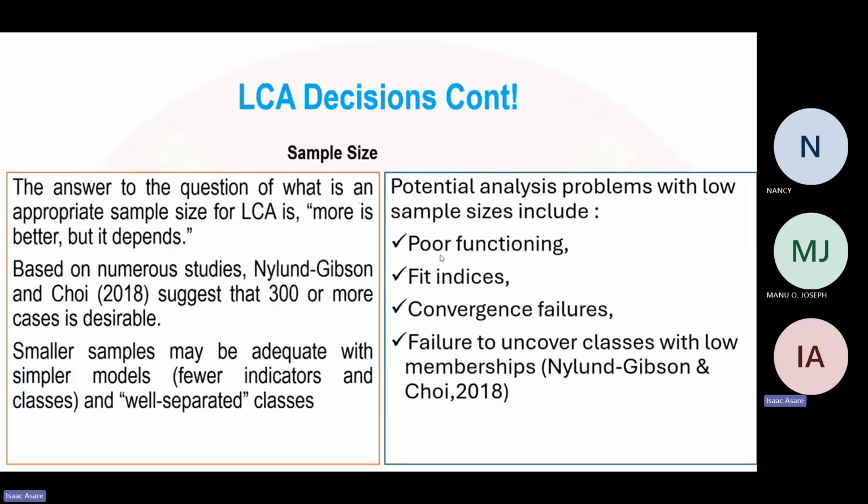And then the sample size too. We said that the sample size plays a critical role when it comes to the usage of the technique, not only this particular technique, but all forms of statistical technique. If you have more participants in your study, it gives a better picture of the results than relying on a limited sample size.